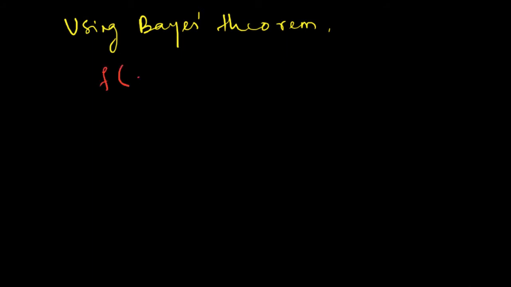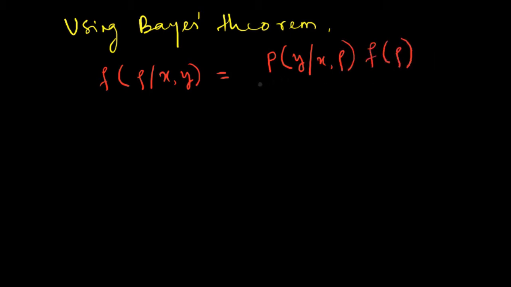So using Bayes theorem, what we have is that f of rho given x comma y is equal to the probability of y given x comma rho times the probability distribution of rho divided by the probability of y given x.